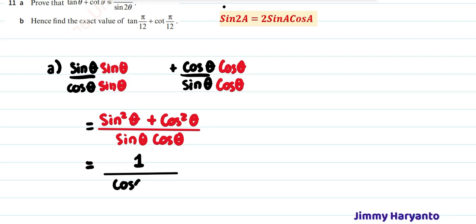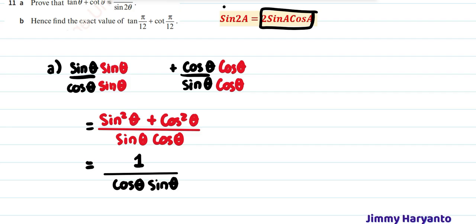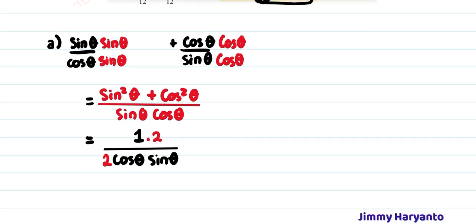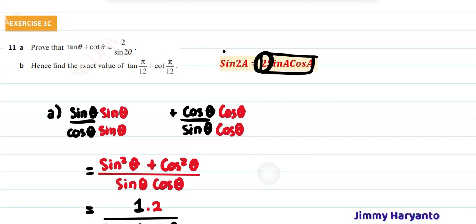The bottom is cos theta sine theta. Okay, so we have to make this into sine 2 theta. The formula of sine 2 theta is like this. There is 2 right there. That means I have to add 2 right there and at the top also. And according to the formula, this one will become sine 2 theta. There you go.